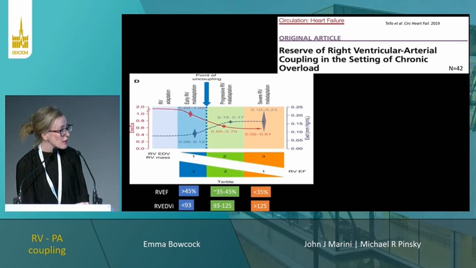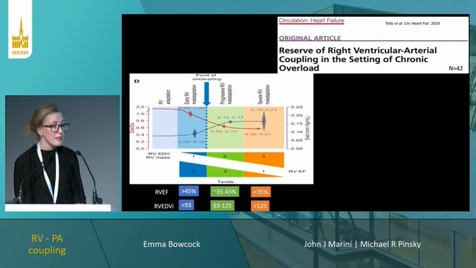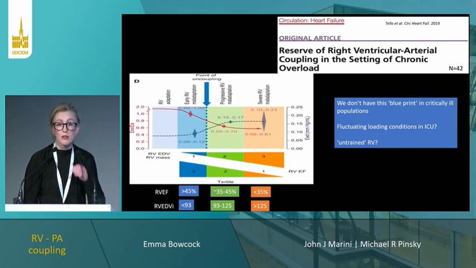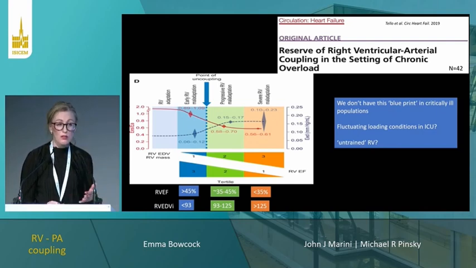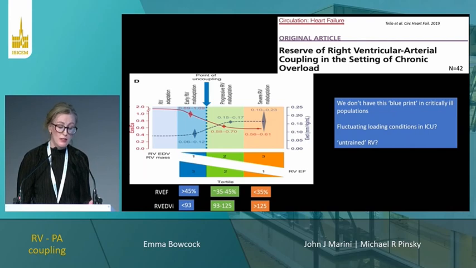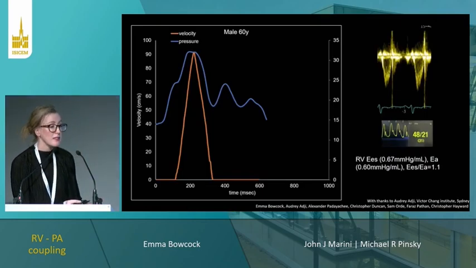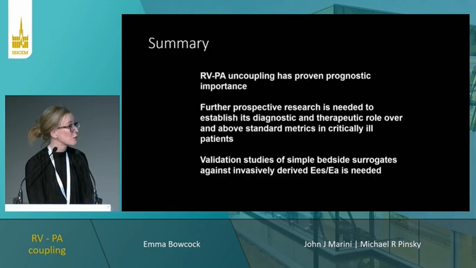At that point, the ejection fraction, as well as the RV size and dilatation, starts to change. But we don't really have this blueprint in critically ill patients. And of course, what are the effects of loading conditions and the untrained right ventricle on the pattern of change of coupling metrics in the ICU? We are starting to look at some hybrid techniques to see whether we can validate these things a little better.